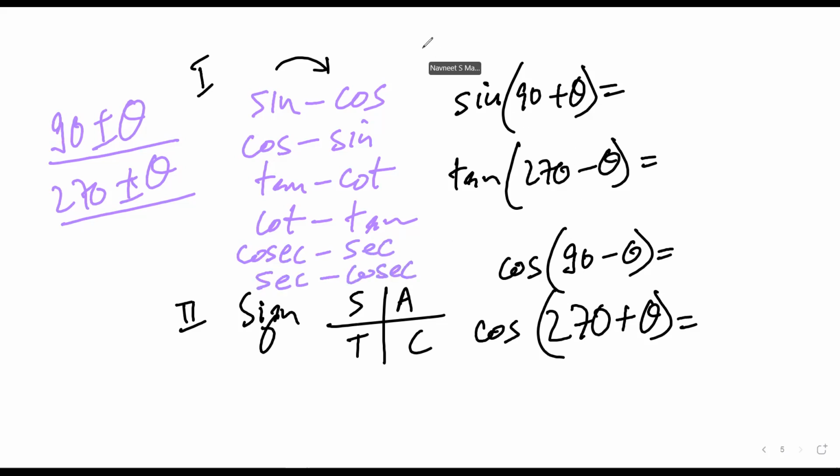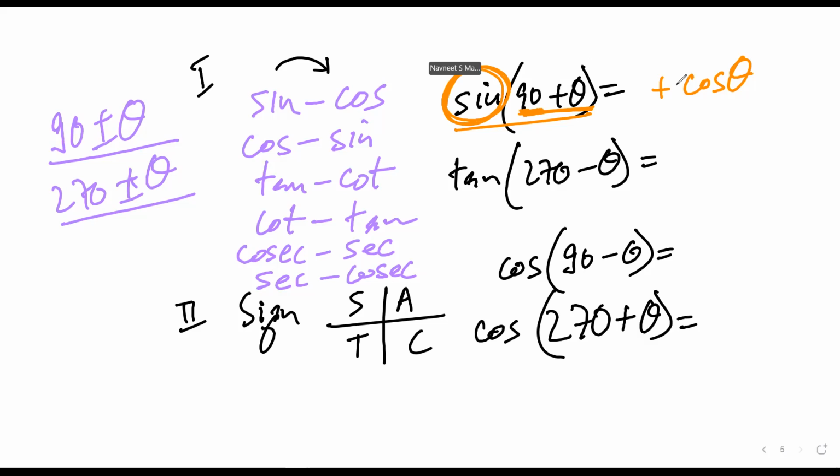Okay, let us take examples. Sine 90 plus theta. Because there is a 90 here, sine will change into cos theta. 90 plus theta is in the second quadrant. In the second quadrant, sine is positive. So this would remain positive.